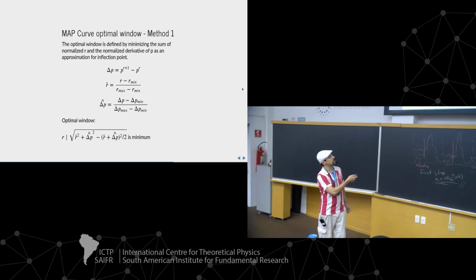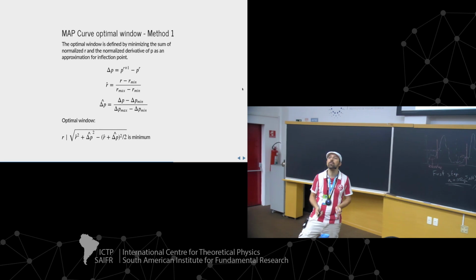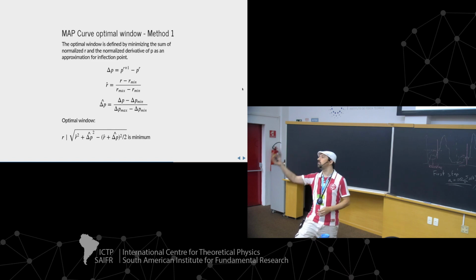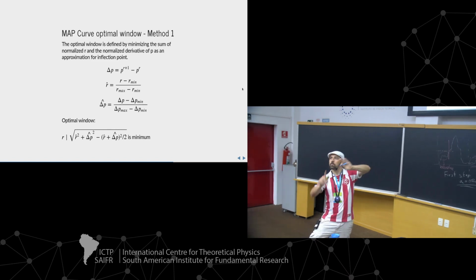So R is the window size. I'm redefining R here based on the minimum and maximum window sizes that I have in my data set, so that it scales from 0 to 1. It doesn't matter if a given season has 30 weeks or 52 weeks, the range of R will be the same. It will go from 0 to 1, okay?